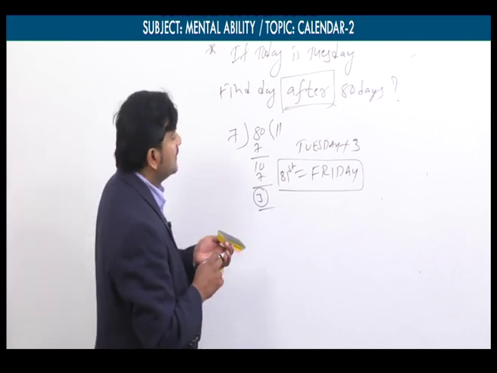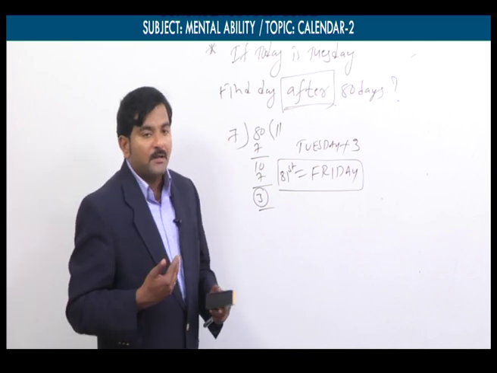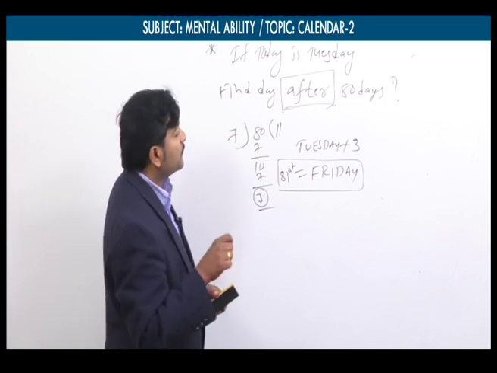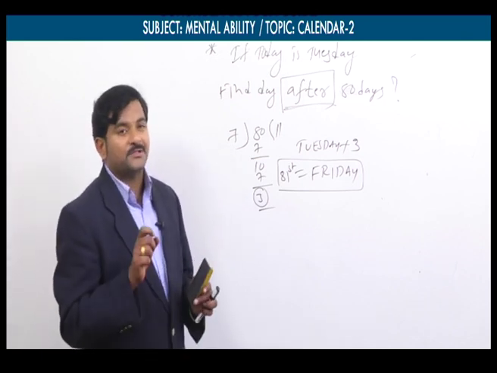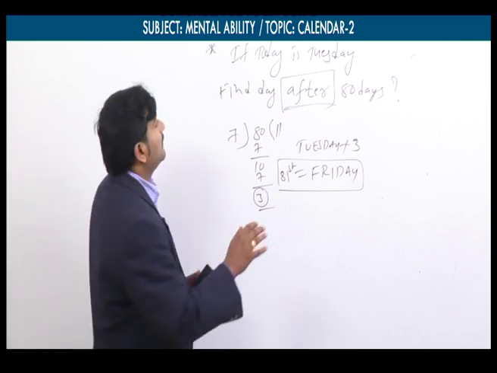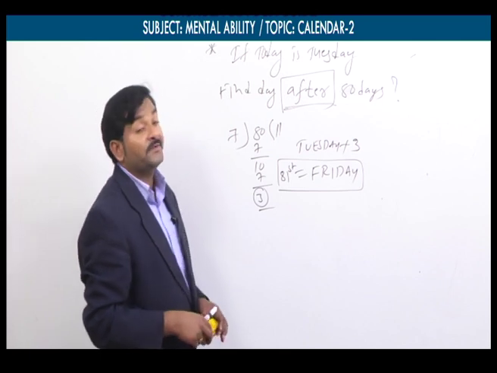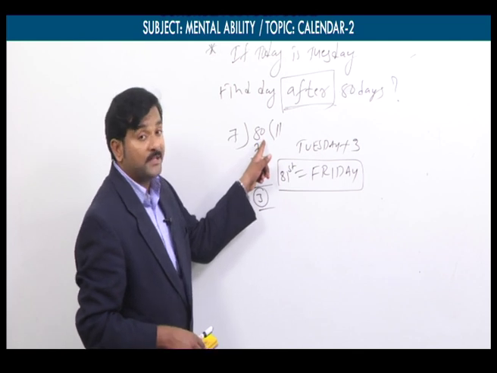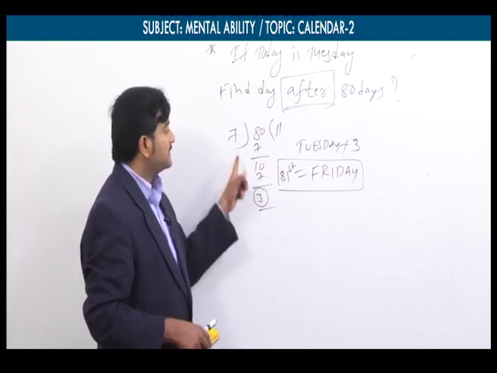Sometimes instead of after, he mentions ago. If he mentions after, we need to add the remainder. If he mentions ago, we need to subtract the remainder. Let me stress this question once again: if today is Tuesday, find the day after 80 days. It means we have to find the number of odd days in 80 days. That can be obtained by dividing the given days by 7.